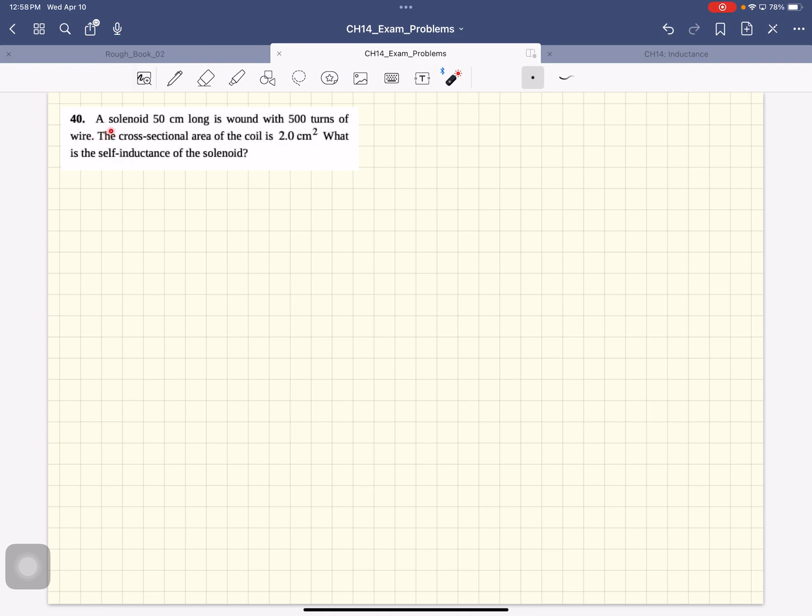All right, so this problem says a solenoid 50 centimeters long is wound with 500 turns of wire. The cross-sectional area of the coil is 2 centimeters squared. What is the self-inductance of the coil?